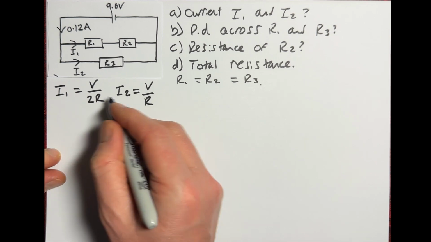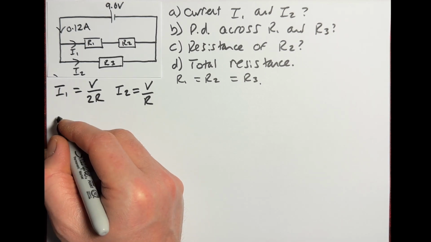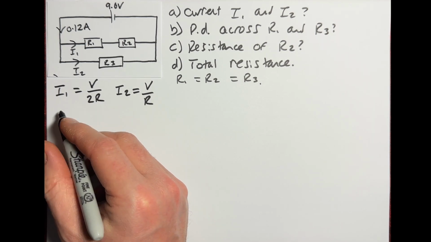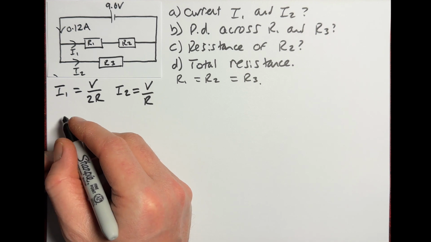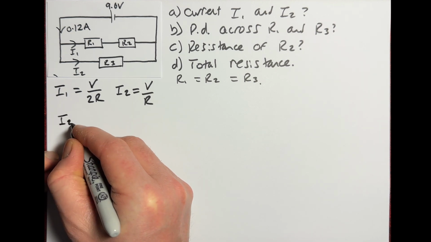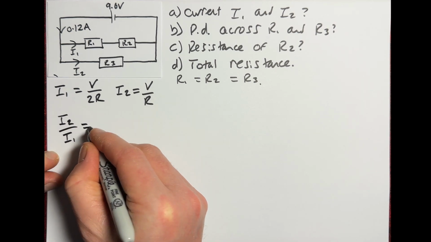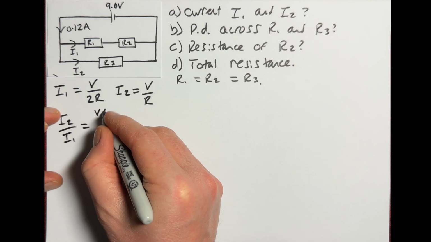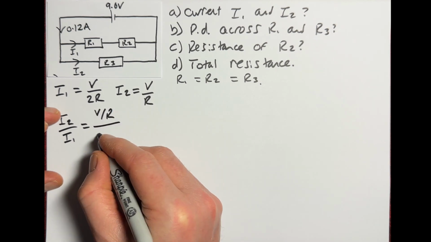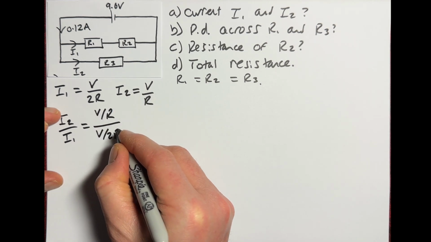So if we look at the ratio of I1 to I2 or I2 to I1, it doesn't matter. We can just divide these by each other. It's probably easiest to divide I2 by I1. So we're going to get V over R divided by V over 2R.